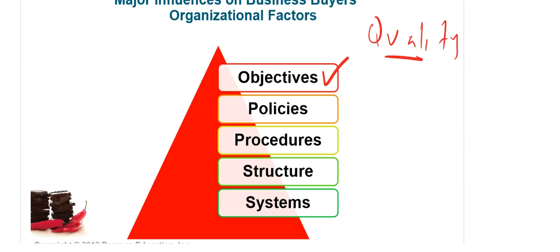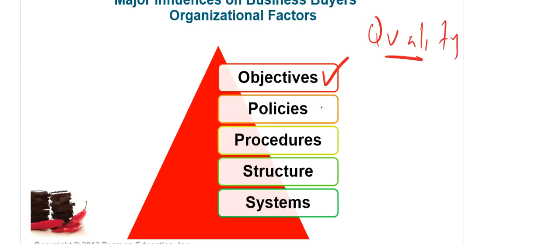They will be thinking, and the center of their focus will be to get satisfaction of employees by providing good quality products to them. So the objective of the organization affects the decision of the organization.